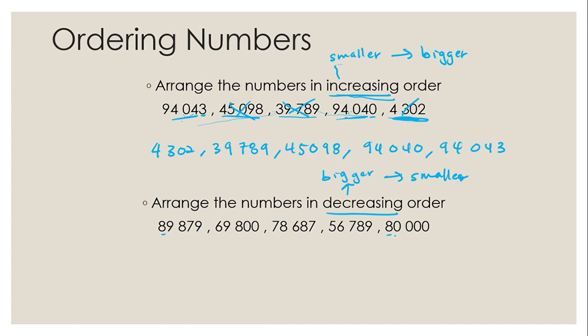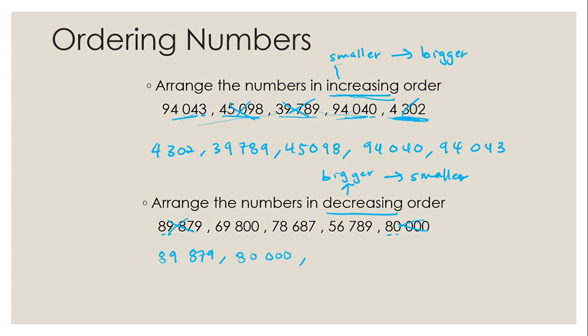But between these two numbers, in the thousands place, we have 0 and 9. 9 is bigger, so this one will be the first one. Next, we discard this one, then we find among the 4 numbers that are left which one is the biggest. 80,000 is the biggest among the 4 numbers.